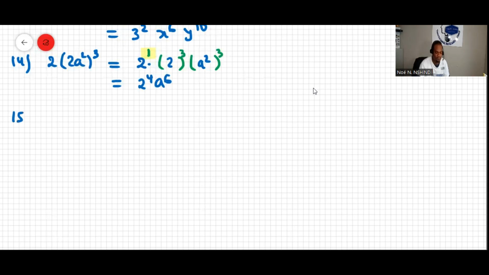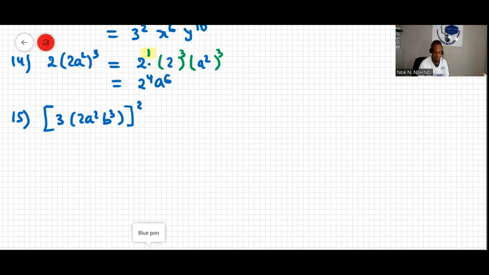Question 15. Okay, let's do question 15 and then I can leave the others. It's going to be 3 times (2a squared b to the power 3) raised to the power of 2.